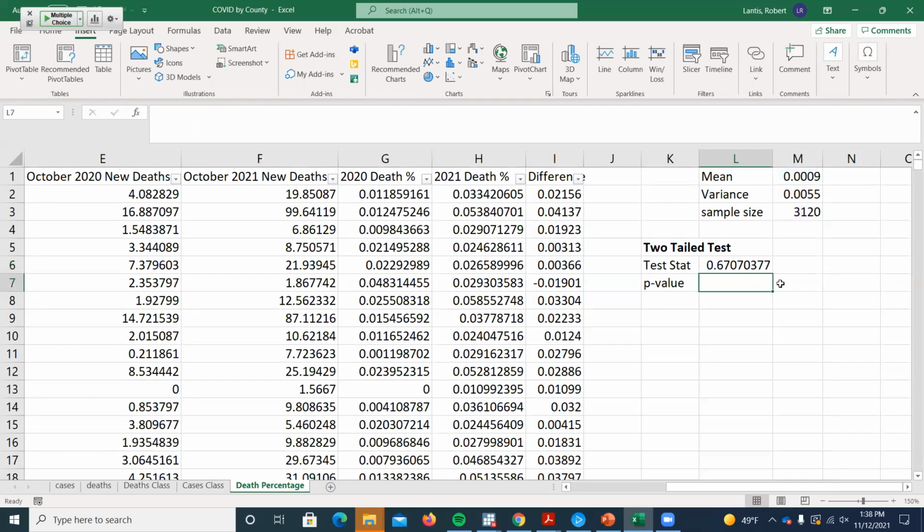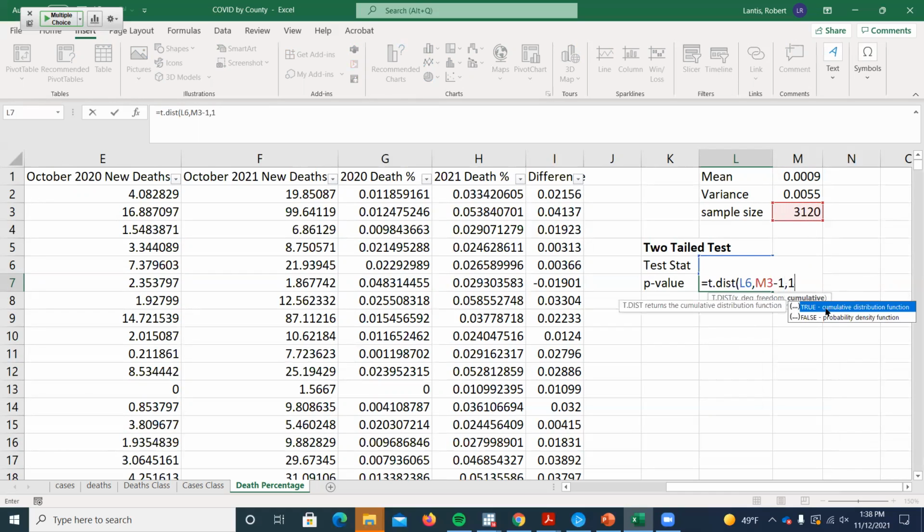So notice that's a pretty low test statistic. So if I go to do this T.DIST, here's my test statistic, comma, here's my sample size minus 1 for my degrees of freedom, and then comma 1. Now this is going to give me the area to the left. I have a two-tailed test here, and my test statistic's positive.